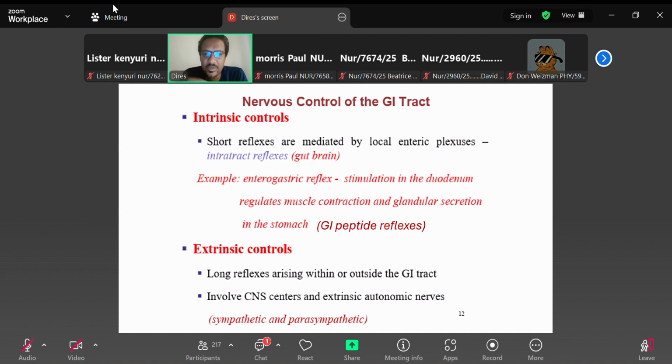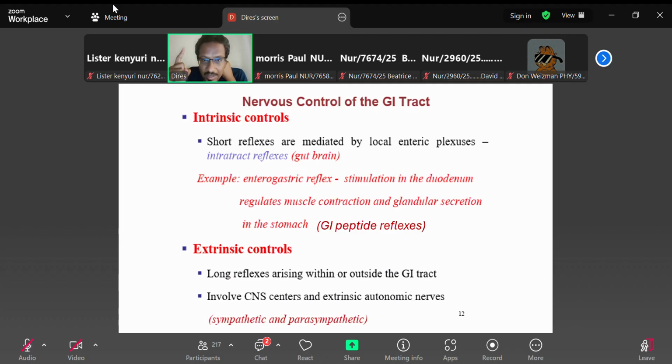Will it be inhibited or stimulated? The rate at which the stomach releases the food to the duodenum. Slower, yes. A slower gastric motility, and hence a slower emptying rate of the stomach.